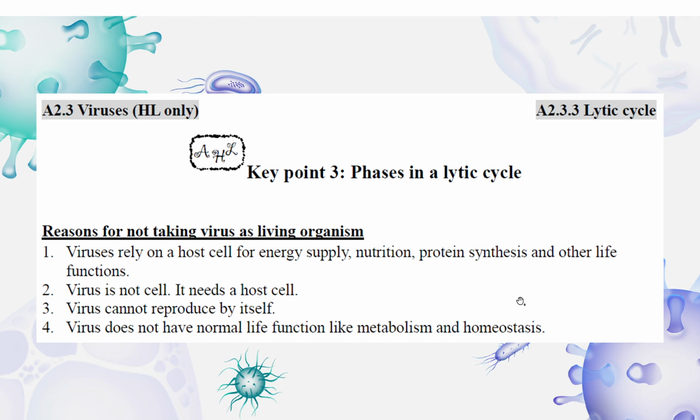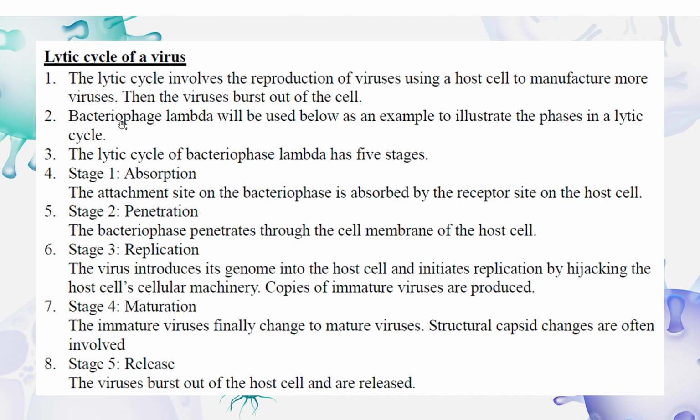There are two cycles for viruses. One is the lytic cycle, the way the virus reproduces itself using the host cell, and we use bacteriophage lambda as an example. First is the absorption phase, where the bacteriophage is connected to, or absorbed by, the host cell.